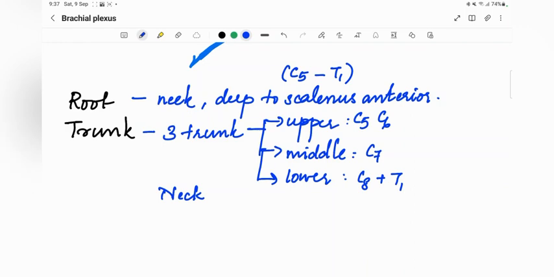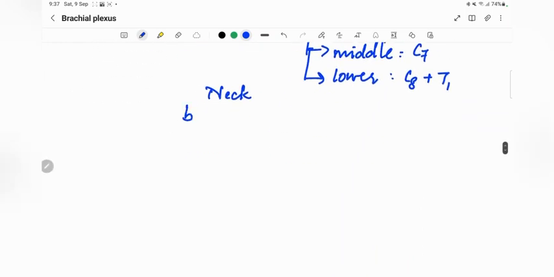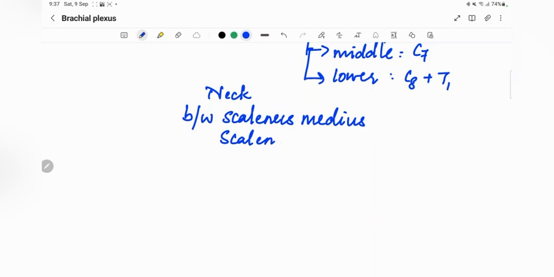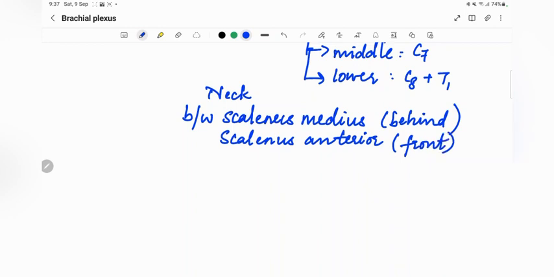So it is occupying the cleft between scalenus medius and the scalenus anterior. The scalenus anterior is located in front of the trunks, whereas scalenus medius is located behind the trunk. So this is about the trunk.